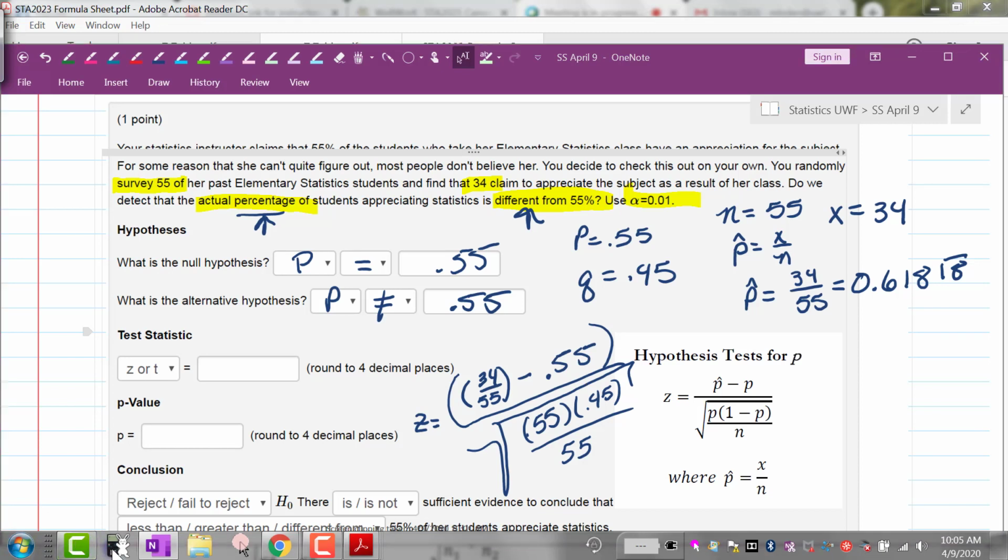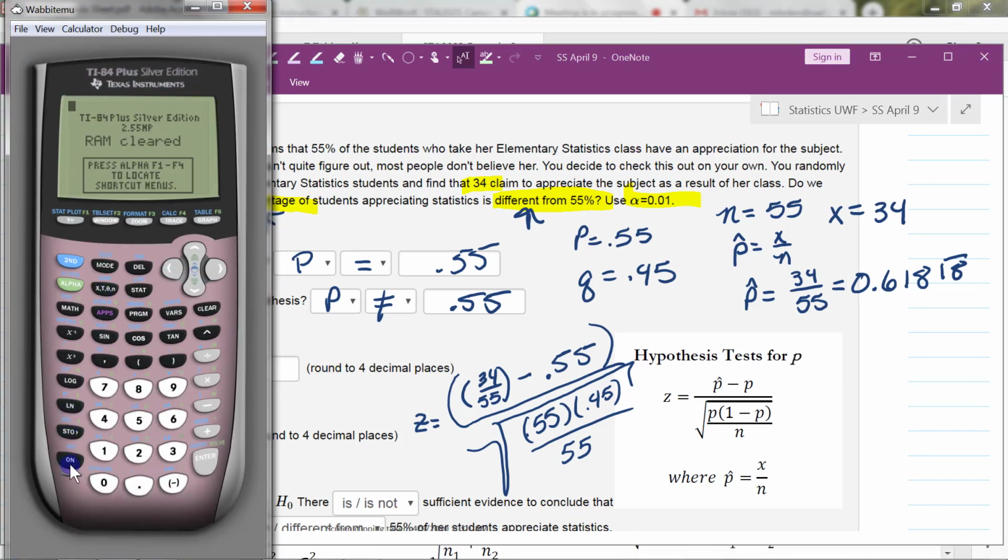So let me open up the calculator here. I'm going to open up 2 sets of parentheses, 1, 2, and then it's going to be 34 divided by 55, close parentheses, minus 0.55, close parentheses, divided by the square root of 0.55 times 0.45 divided by 55.